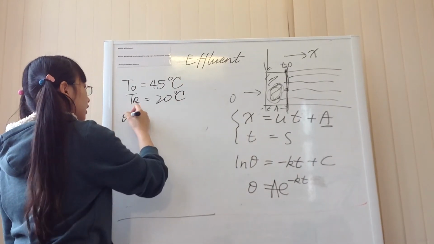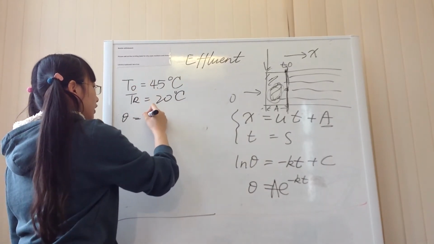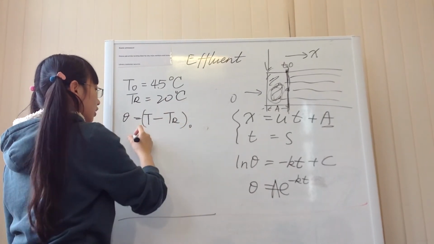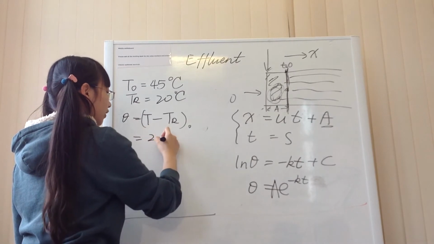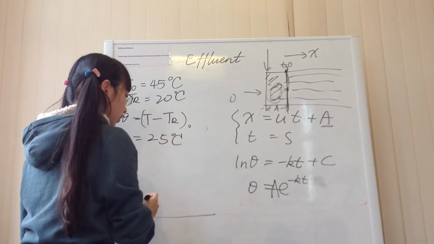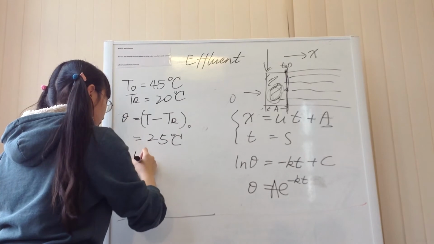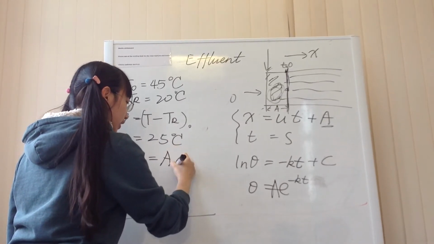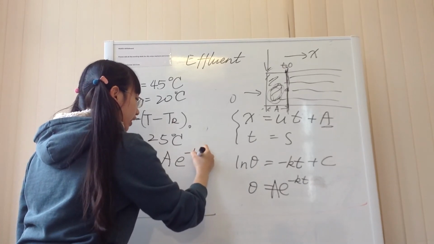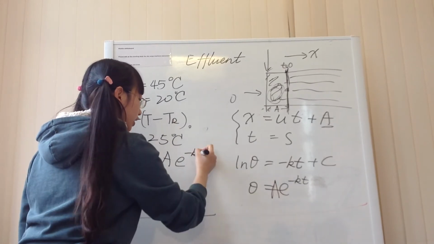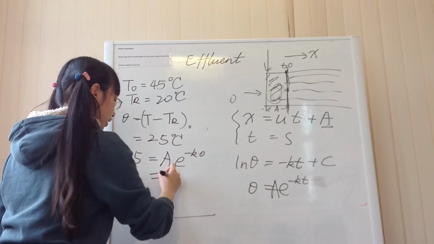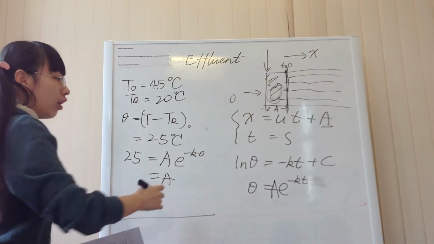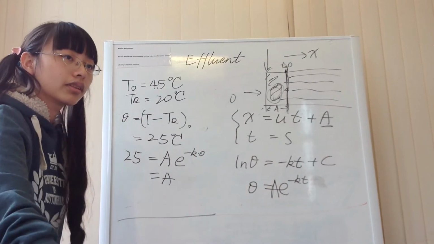Theta we said is t minus tr, and at the very initial, it becomes 25 degrees C. So 25 degrees C equals a times e to the minus k times the initial condition, so here it is 0. So basically it equals a, and then we solve a. So the whole problem is solved. It's done.